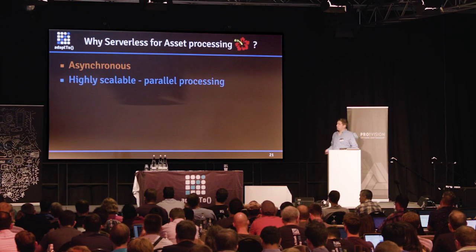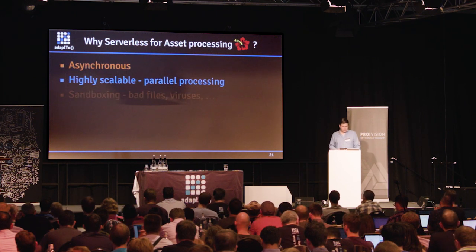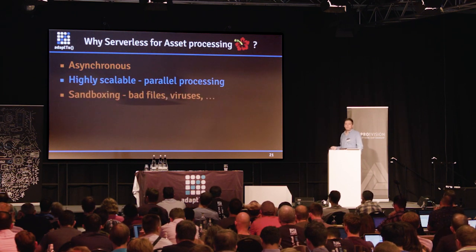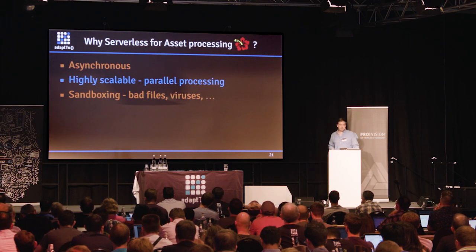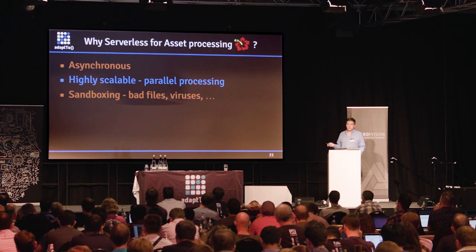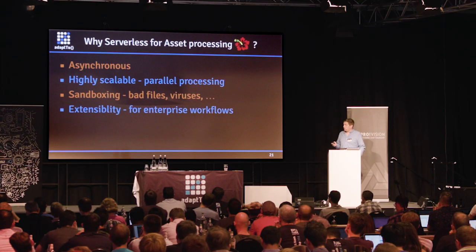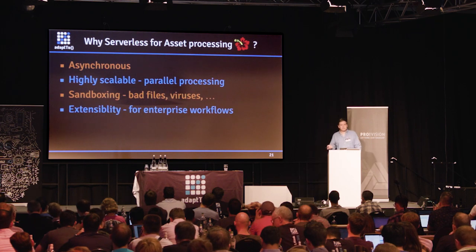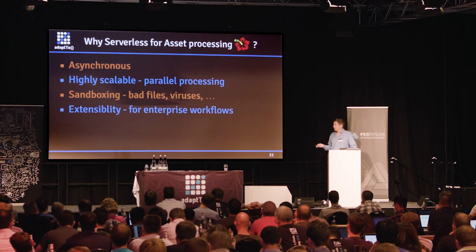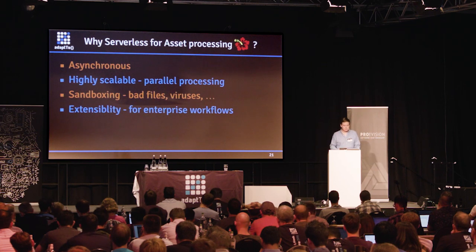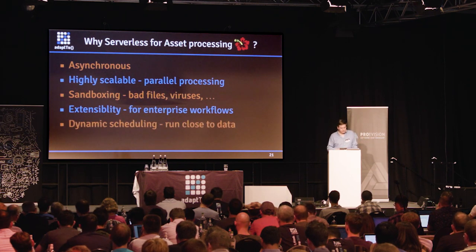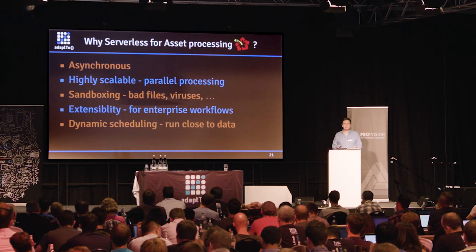It is highly scalable, and that's what we need. You get sandboxing for free, right? If people upload a bad file and it crashes or hangs forever, or there's a virus in it, the platform has to handle that, because it's executing custom code and needs to protect the platform from that code doing anything bad. It's extensible by nature, because it is built extensible, so for the needs of enterprise workflows, we can offer that. And we can do cool stuff, because serverless means dynamic scheduling.